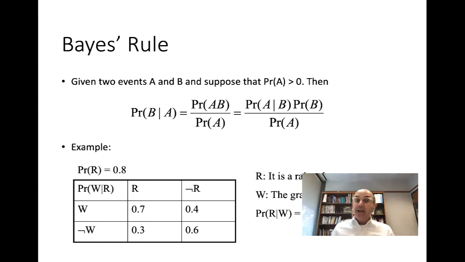The idea here is that given two events, A and B, and suppose that P(A) is greater than 0, then we have the structure of the law itself, the rule itself. It is the probability of A and B divided by the probability of A, and it is equal to the following rule. In this example, it is raining and the grass is wet, and it allows us to calculate that based on the rules.